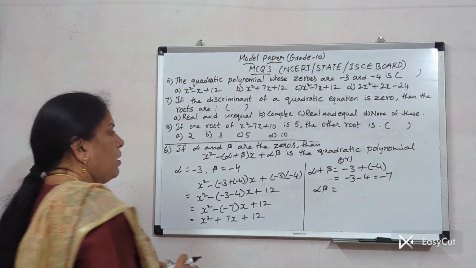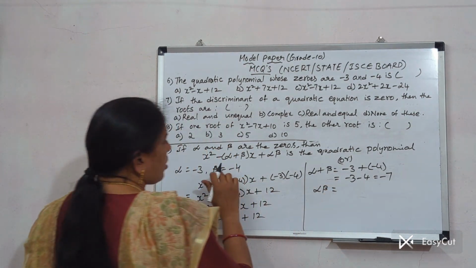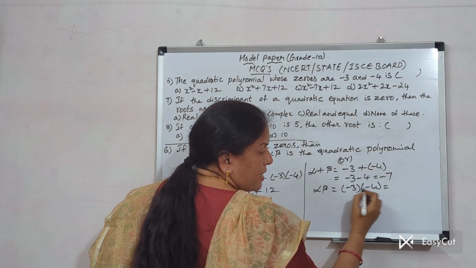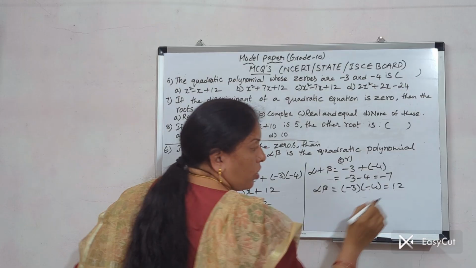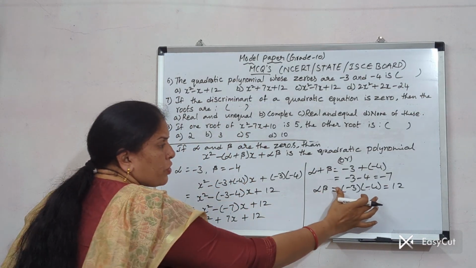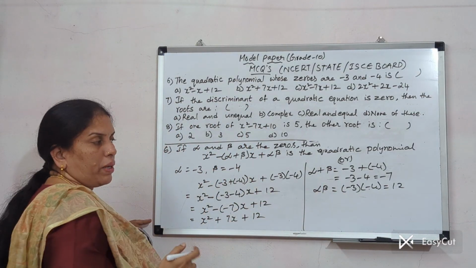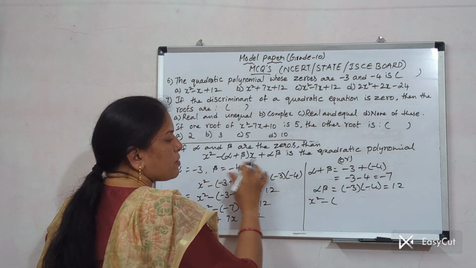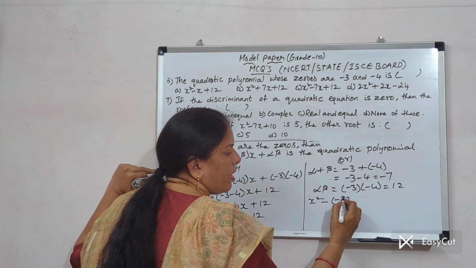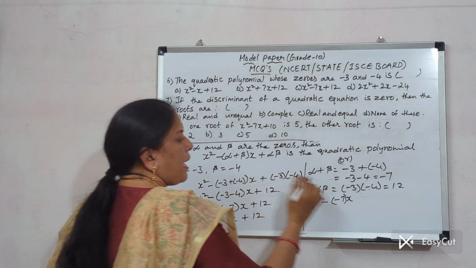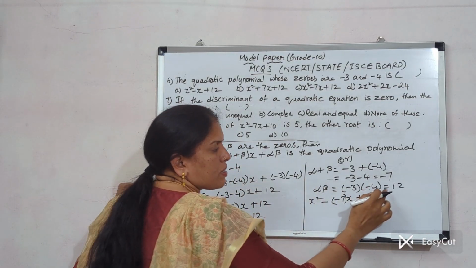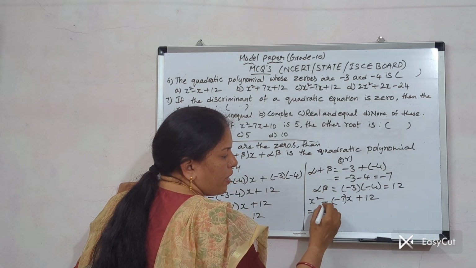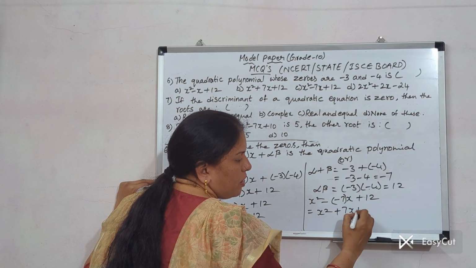That's why I am finding them. Alpha is minus 3, beta is minus 4, minus into minus is plus, 3 times 4 is 12. Now substitute these values in the required polynomial: x square minus (alpha plus beta, which is minus 7) into x plus alpha beta, which is 12. That equals x square plus 7x plus 12.